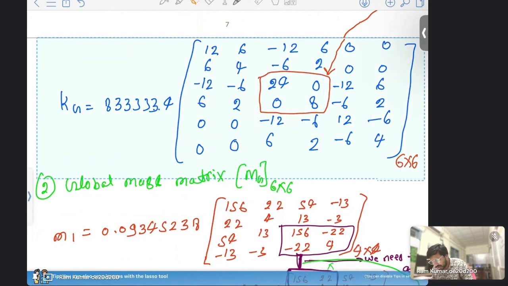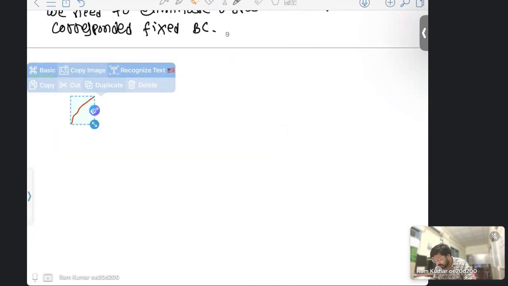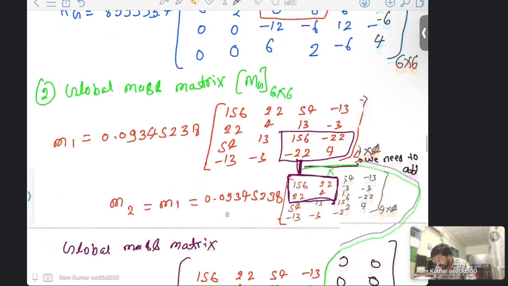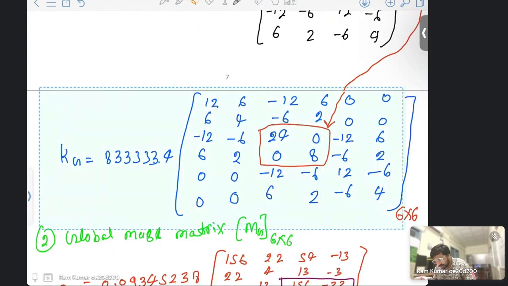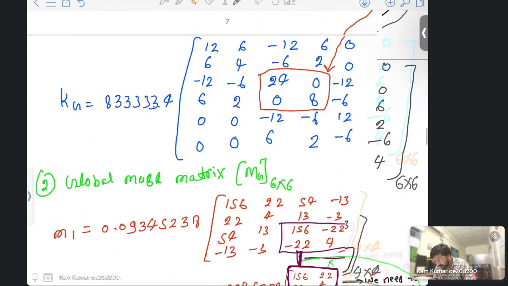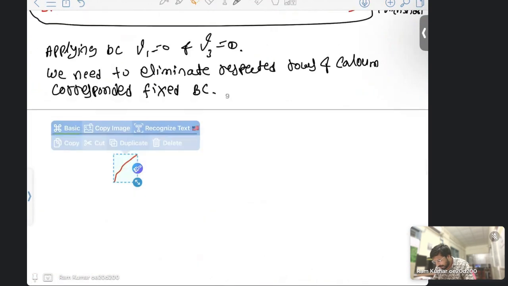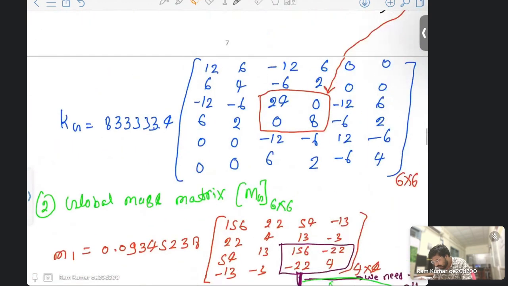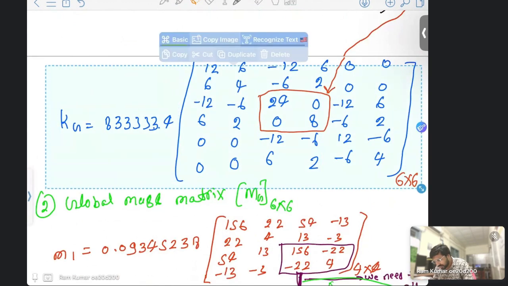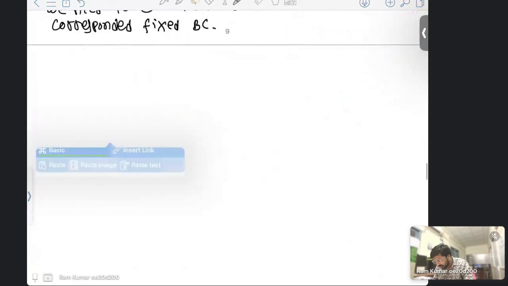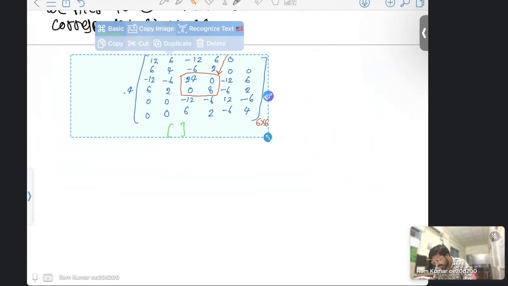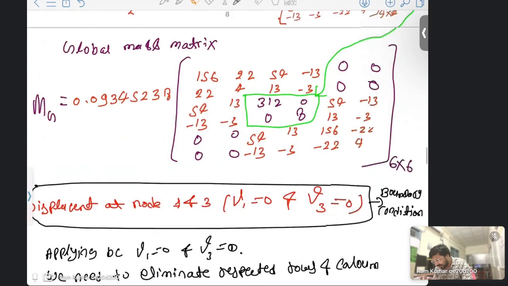So this is our global stiffness matrix, and we have a global mass matrix.